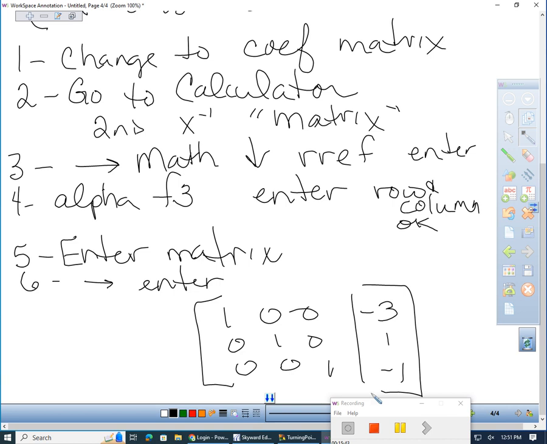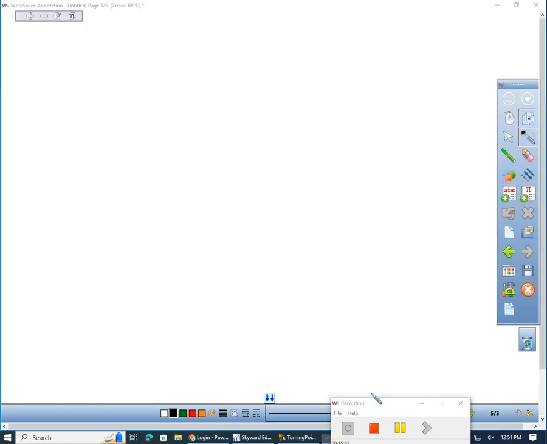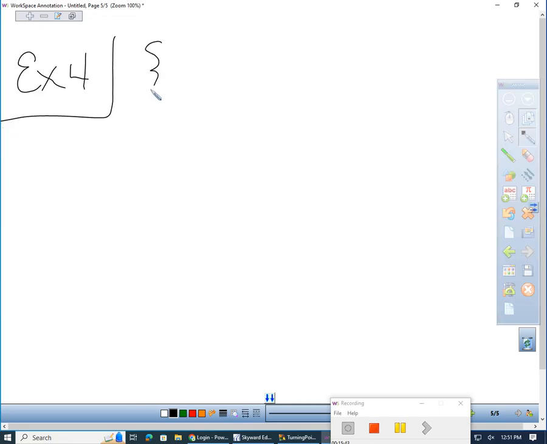All right, let's try one more. So let's make it example number, what am I on? 4. Example 4. This is actually the rest of your problems are solving the matrix. Let's do 3x minus y plus z equals 3.